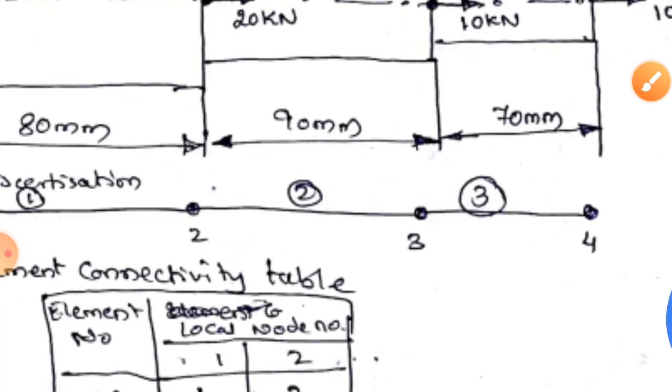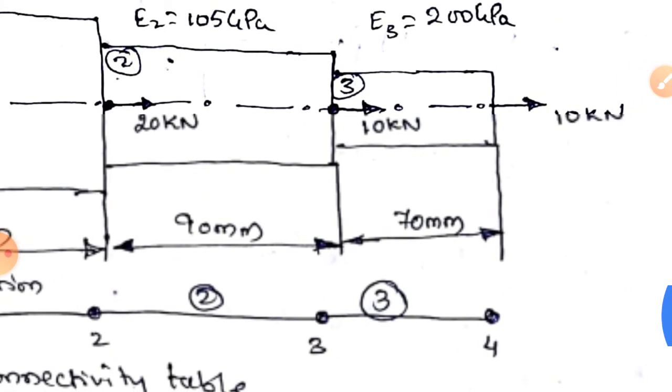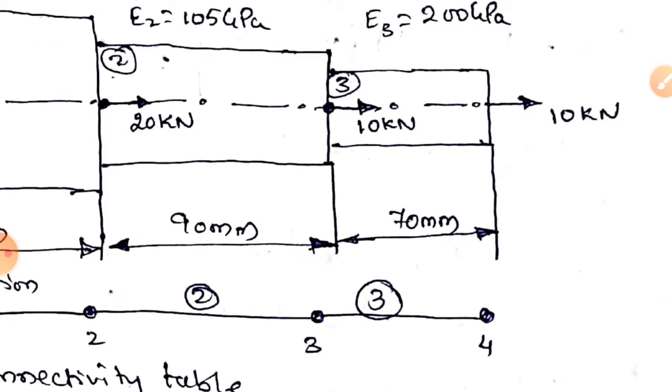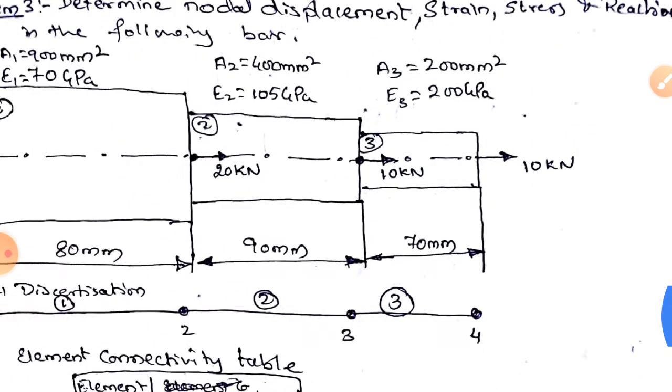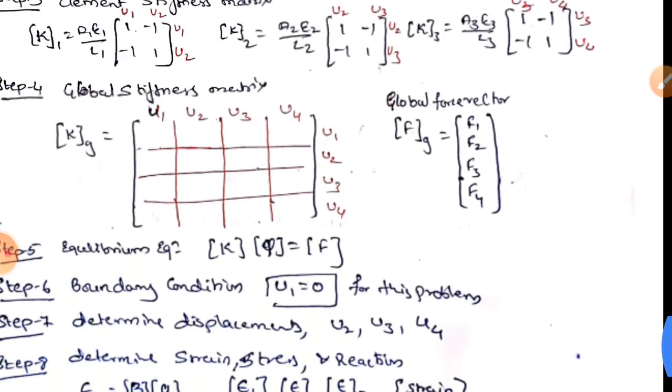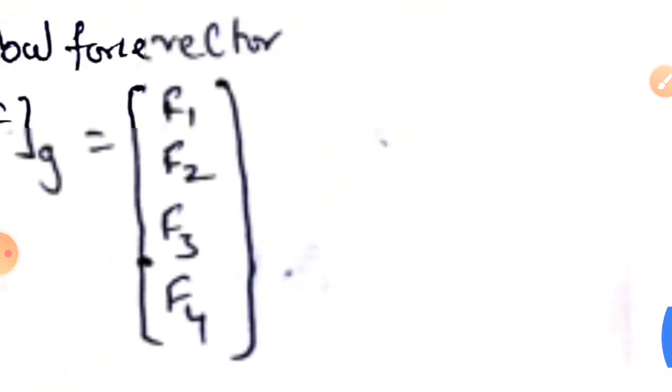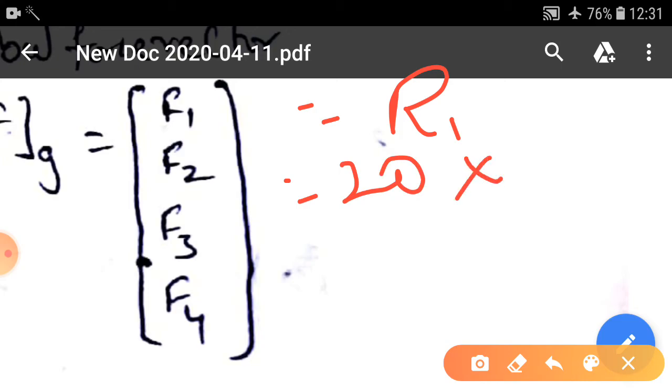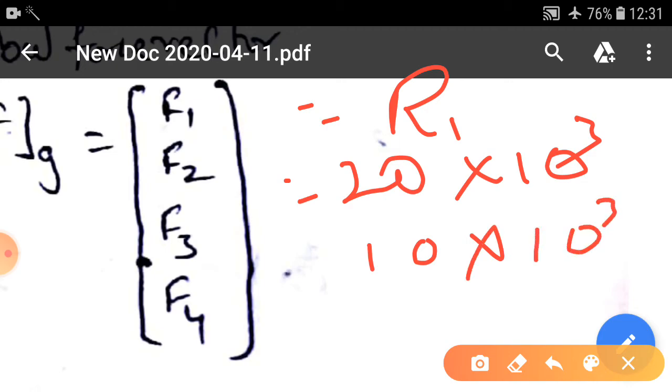At node 2 it is 20 kilonewton, then 10 kilonewton and 10 kilonewton. So what will be our global force vector? F1 is nothing but R1, F2 is 20 kilonewton, F3 is 10 kilonewton, and F4 is 10 kilonewton.